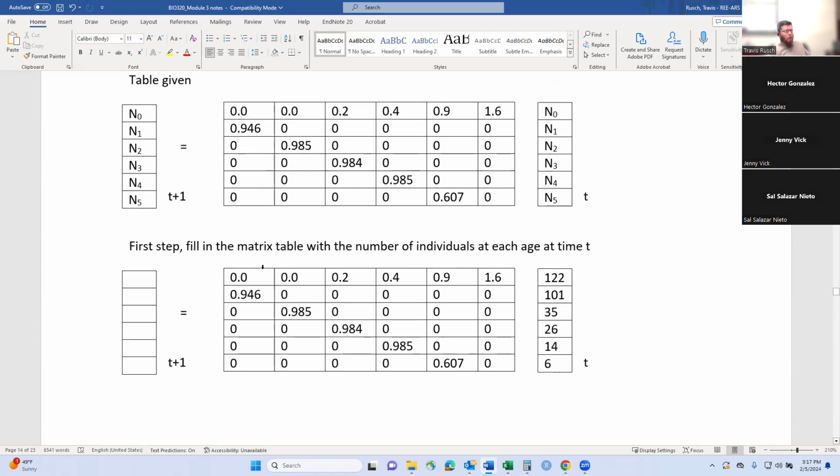Like you would have 100 for n of 1, and for babies you would have 40 for n of 0. It's going to be the combination of those that survived and those that were born into that age bracket. Okay.